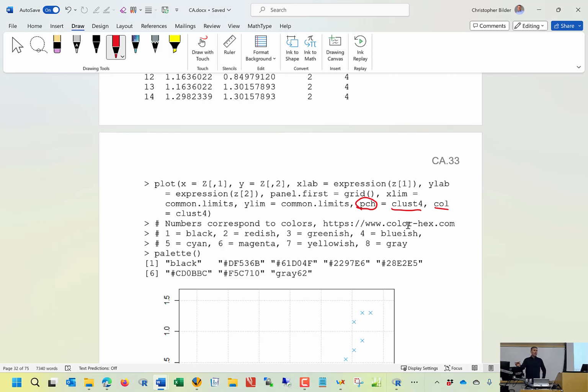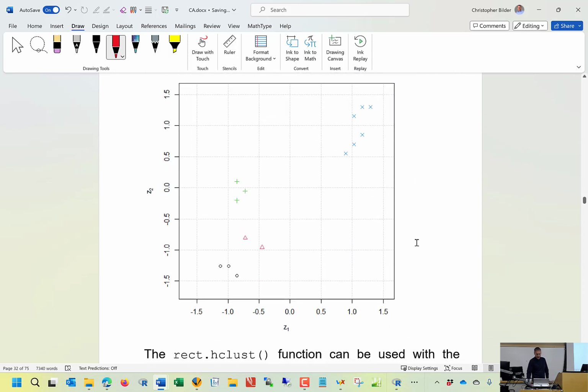Color 1 is black, color 2 is a reddish color, color 3 is a greenish color, and so on, so that when I say col equal to the cluster numbers, I have different colors for the different clusters. And so now you can see this is what those clusters look like when I have 4 clusters. The clusters are uniquely identified by color and plotting point.